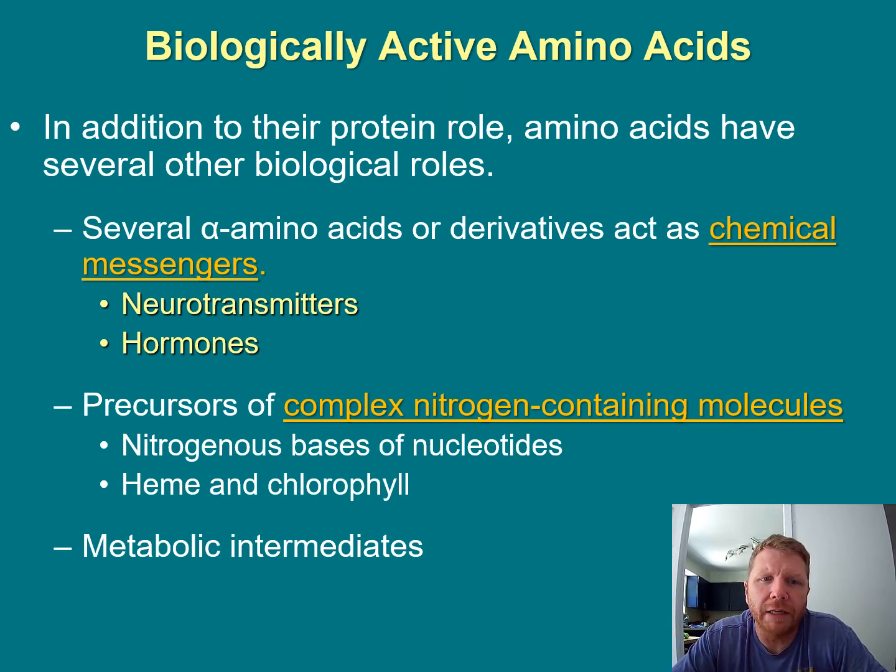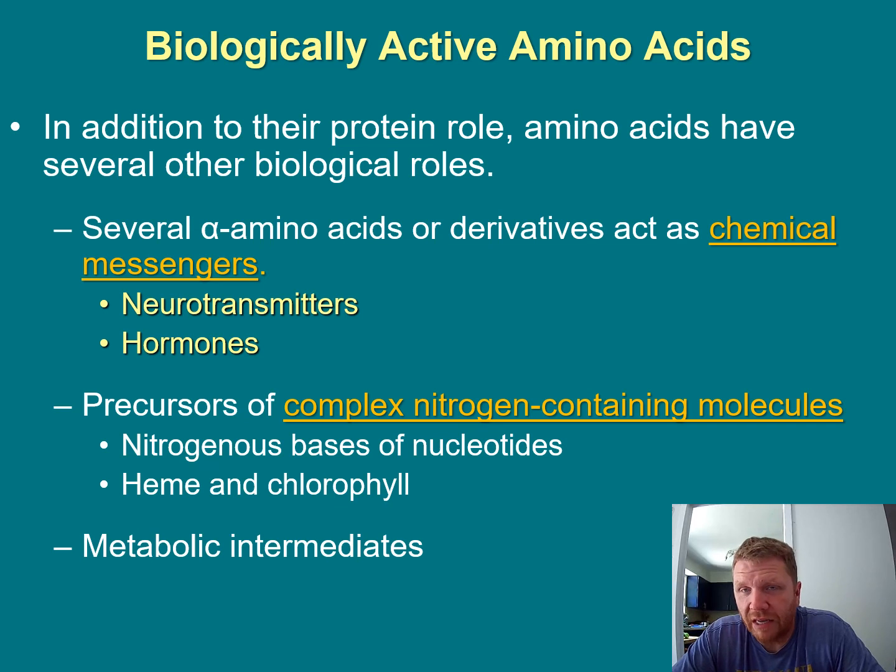Biologically active amino acids: in addition to their role as building blocks of proteins, amino acids have several other biological roles. Several amino acids are used as derivatives for making neurotransmitters. They're also precursors of complex nitrogen-containing molecules.